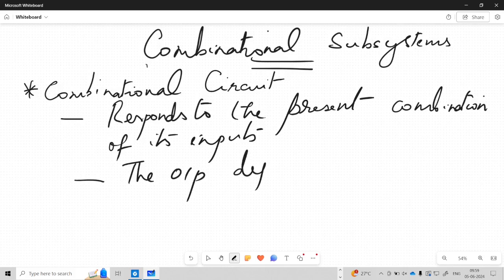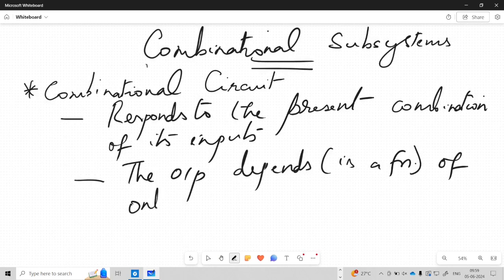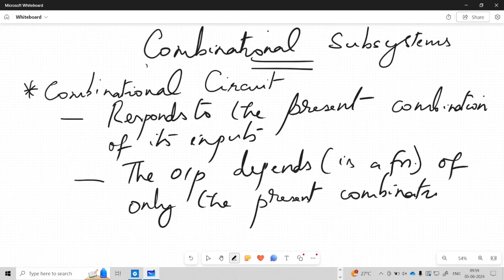The output is a function of only the present combination of the inputs.